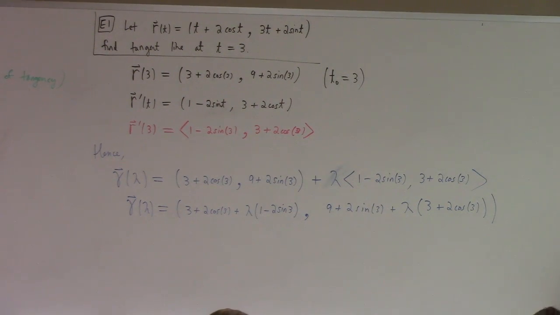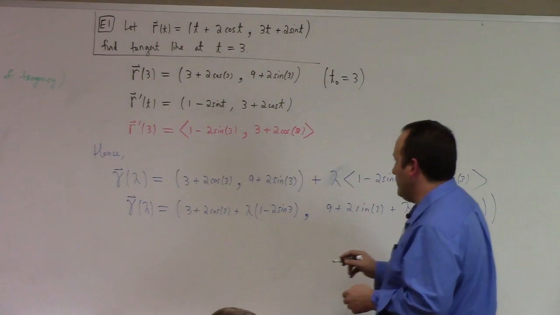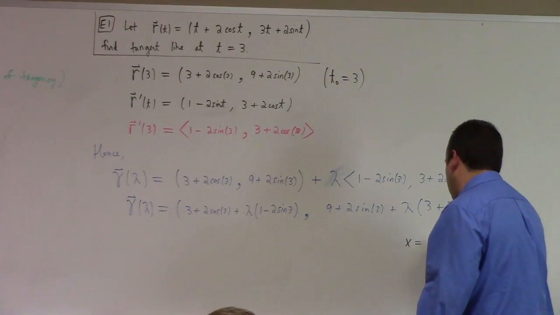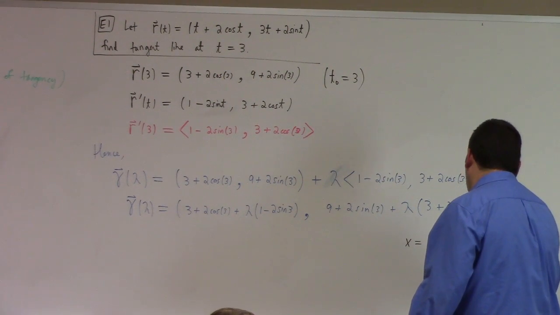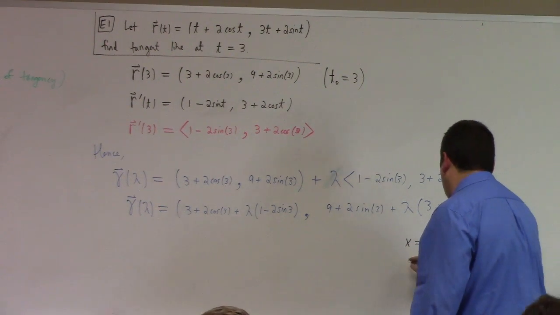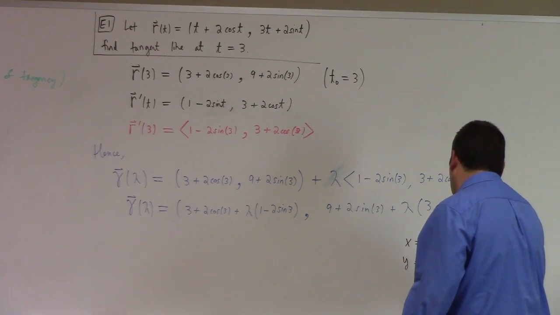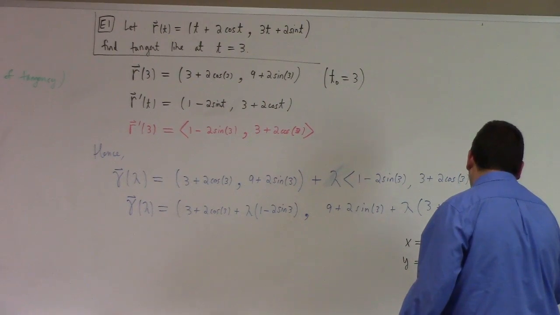Now we can do further things like, what are the scalar parametric equations for the tangent line? Like x equals 3 plus 2 cosine 3 plus lambda times 1 minus 2 sine 3 is the x formula. y is 9 plus 2 sine 3 plus lambda times 3 plus 2 cosine 3.